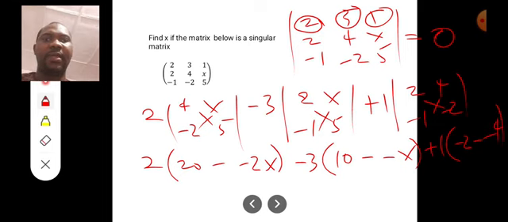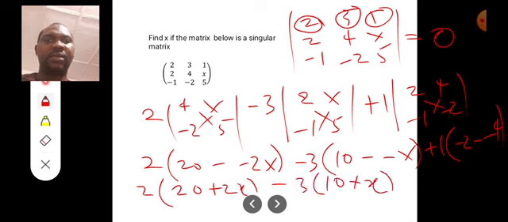Okay. So this will now be 2 into 20 plus 2x, then minus 3 into 10 plus x, then plus 1 into minus 2 plus 2. Remember, everything is 0 since it's a singular matrix.